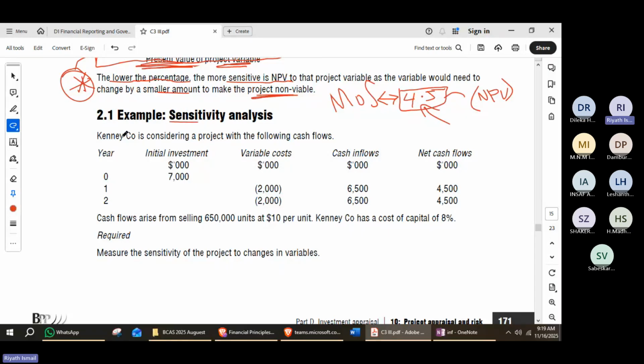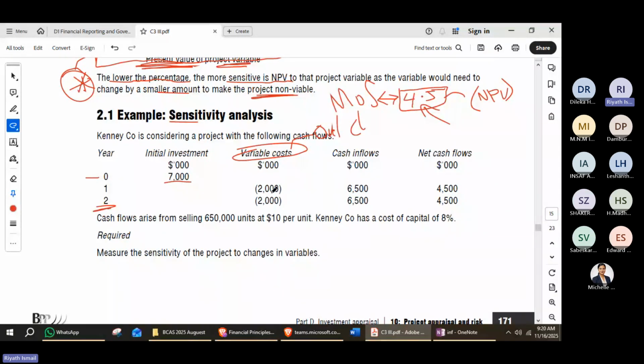Example, sensitivity analysis. Kenny Co is considering a project with the following cash flows. It is a 2-year project. The initial investment required at year 0, today, is 7 million. Then there is variable cost, which means the cash outflow. Variable cost may include salaries, wages, material purchase, electricity bill, everything.